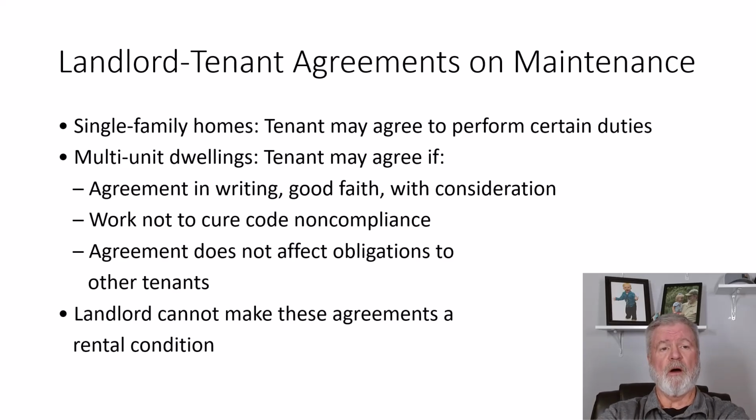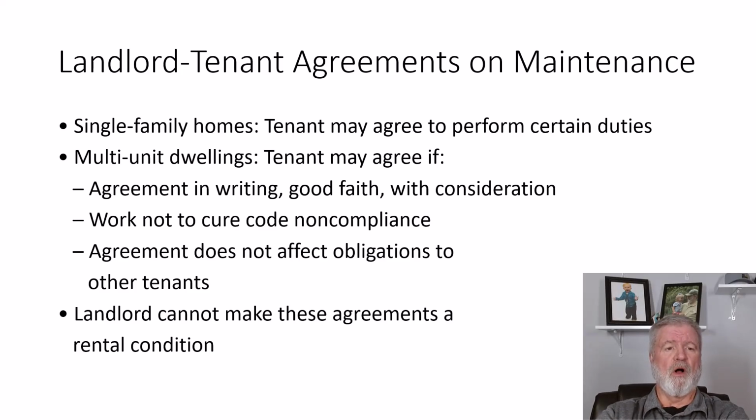For a single family home, the tenant may agree to perform certain maintenance duties. So if you got a handyman for a tenant, those are always awesome to have. They can do certain things on their own. As long as the tenant would agree to do that and take on that responsibility, they can do it. Got to be in writing, and there must be that consent, but you can do it. The landlord cannot force the tenant to do it.